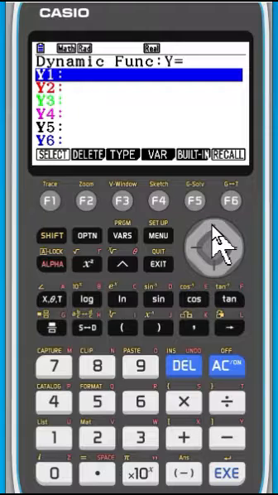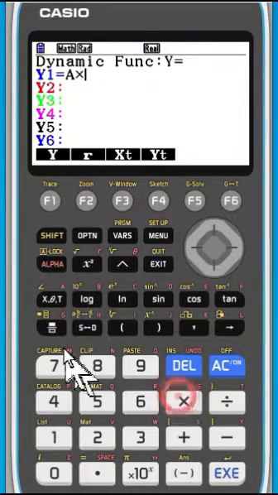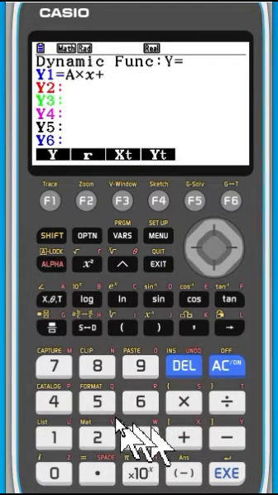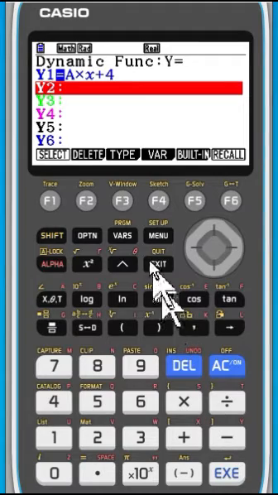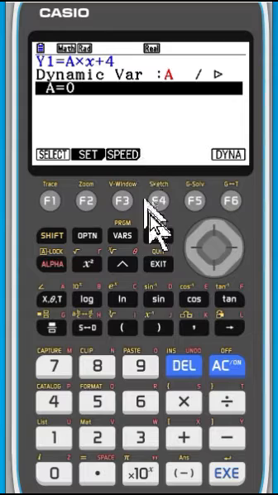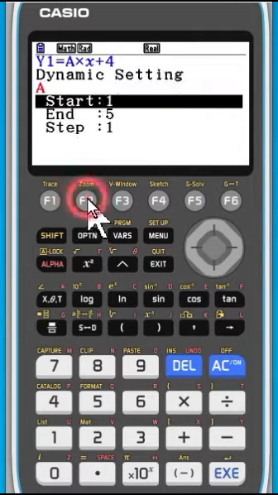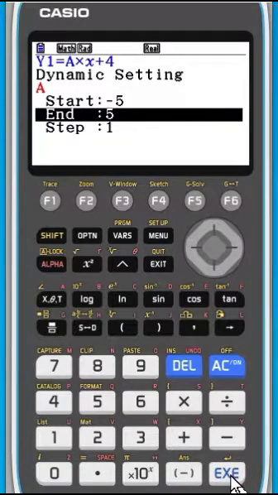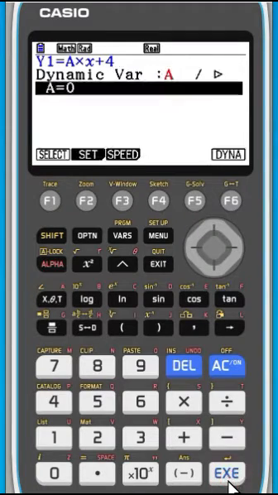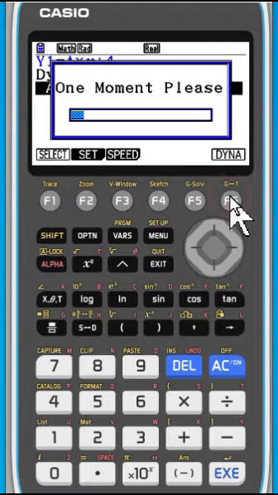So let's take a simple example of a straight line equation. So let's say I say a times x plus 4, okay, and let's go into var. I would like to change a from 1 till 5, or let's say negative 5 till 5, okay. Let's push F6.